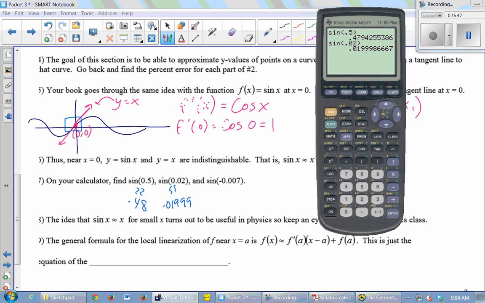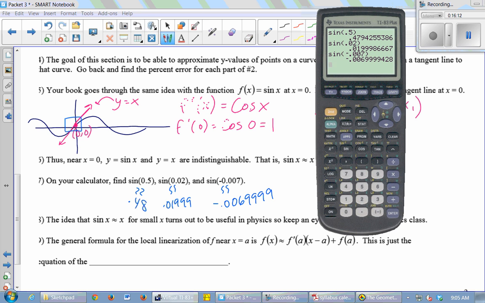And the sine of negative 0.007. So I'm even closer to 0 now, and I get negative 0.0069999. So really, really close to the x value.